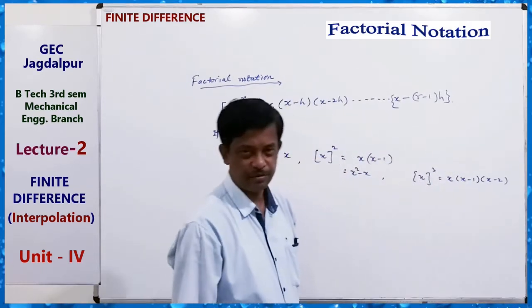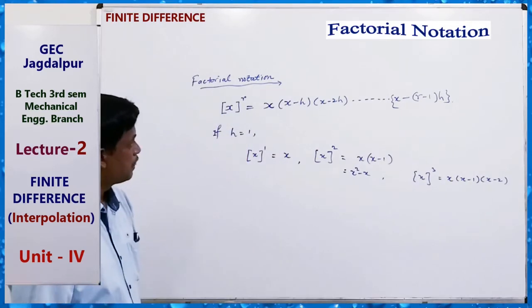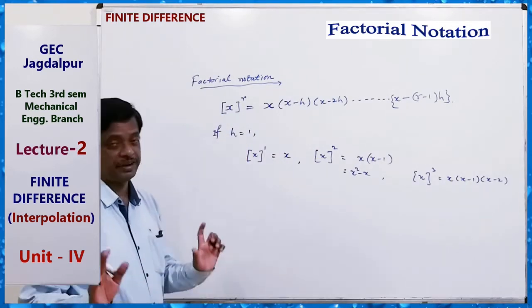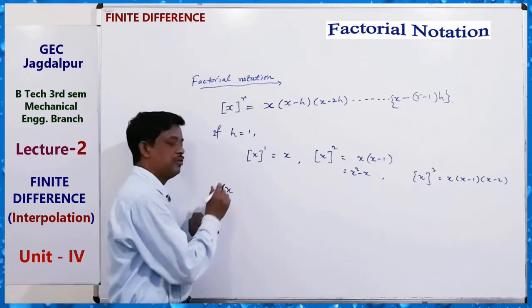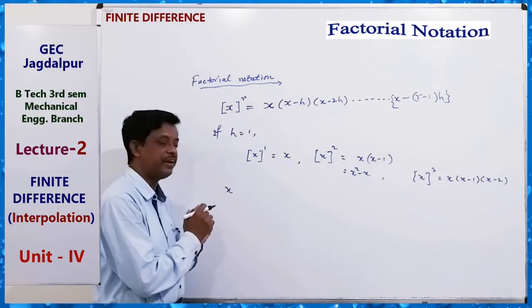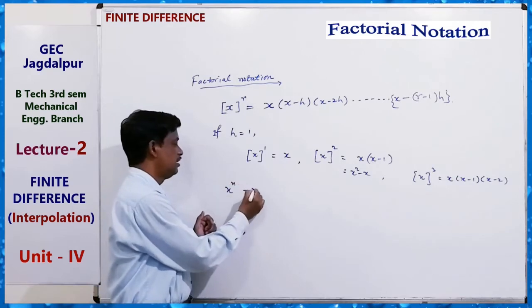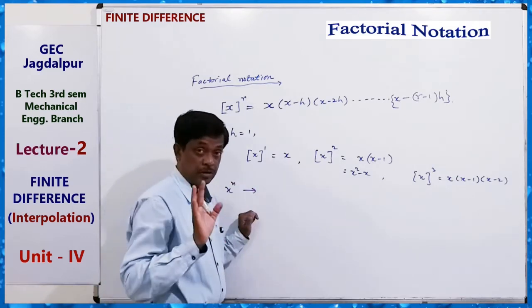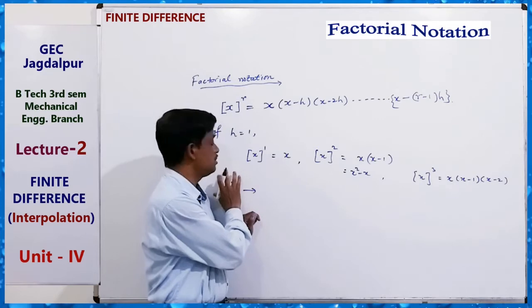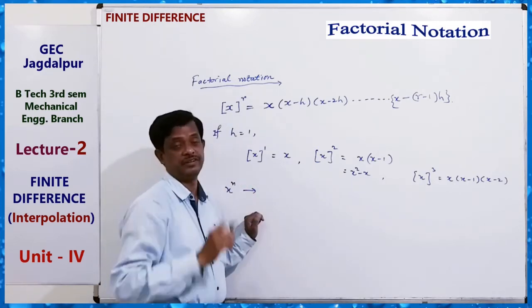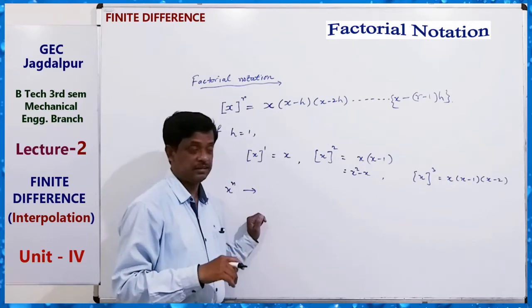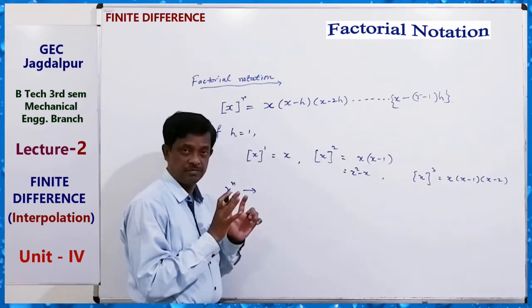If we write a simple polynomial of nth degree in factorial notation, every simple polynomial of nth degree can be expressed as a factorial polynomial of nth degree. For that we have to do some process.